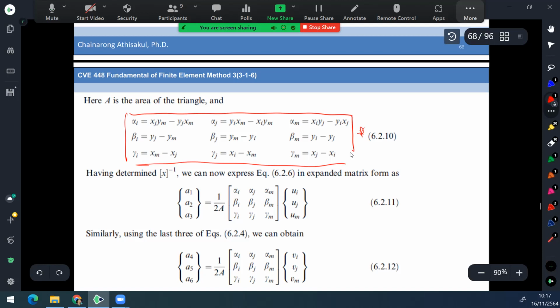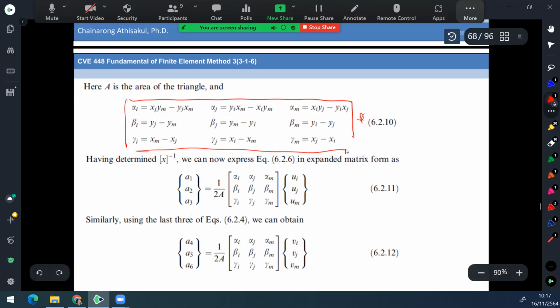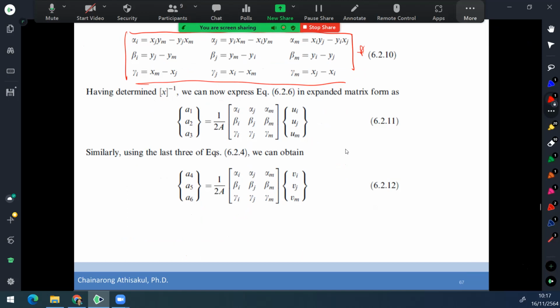According to this, we can find a1, a2, and a3. Also a4, a5, a6 are determined in the same manner, related to vi, vj, and vm instead.